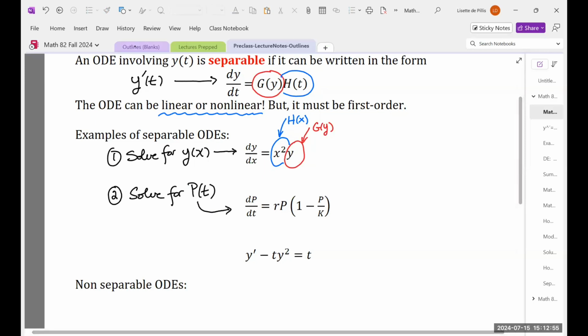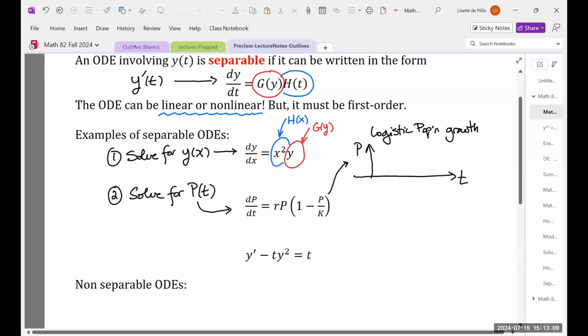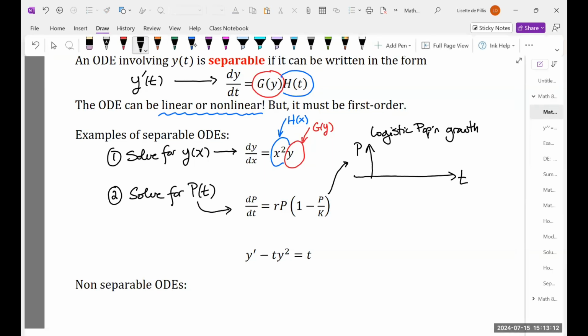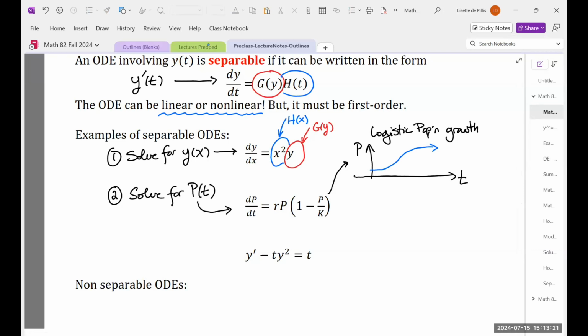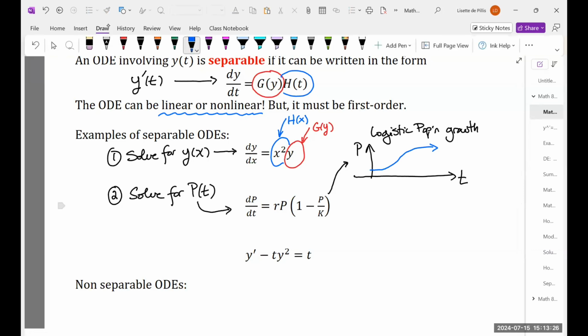This, by the way, as an aside, is the classic equation for logistic population growth, and we know that it has a solution that looks a lot like this S-shaped curve. And we'll come back to that and look more at that later, but I'm just giving you a preview of coming attractions.